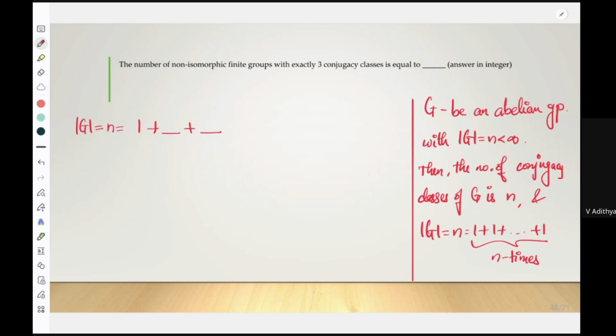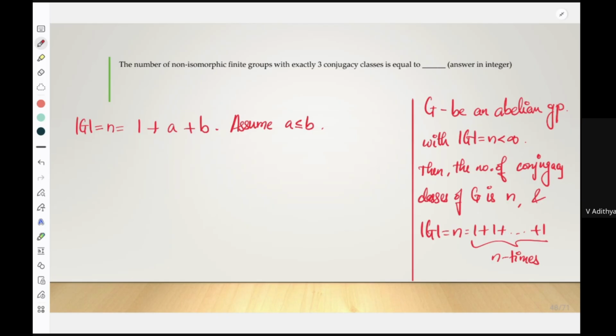The remaining 2 we don't know. Let's have it as 1 plus a plus b. Assume a is less than or equal to b, without loss of generality.